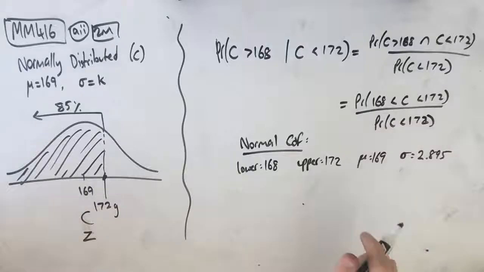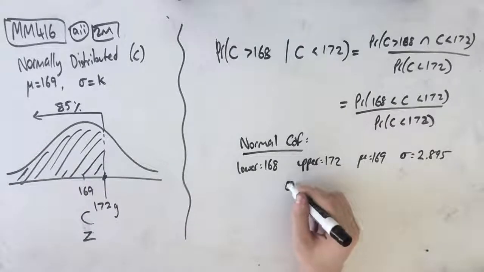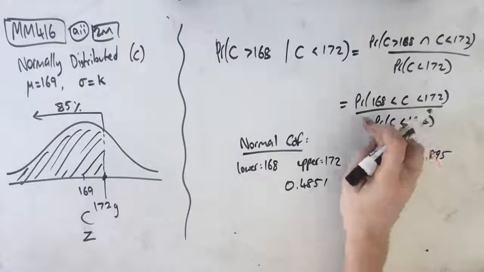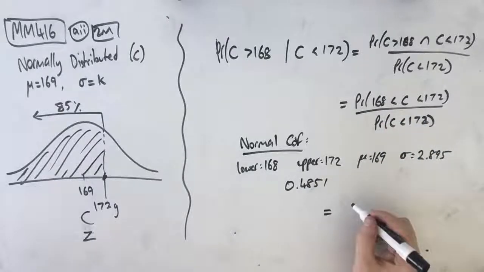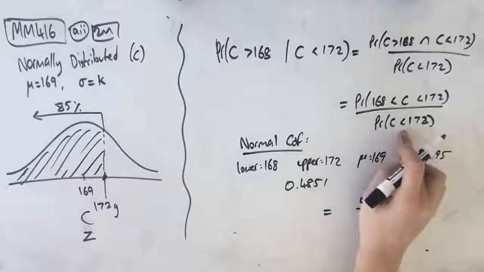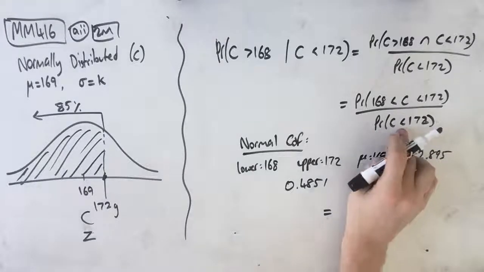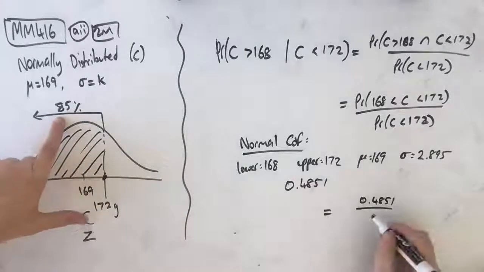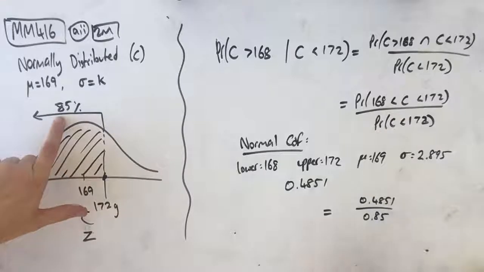Awesome. Now, what this spits out is 0.4851, which means that this is now equal to 0.4851 over the probability that C is less than 172, which part A told us was 85%, right? So everything below 172 was 85%, so 0.85.